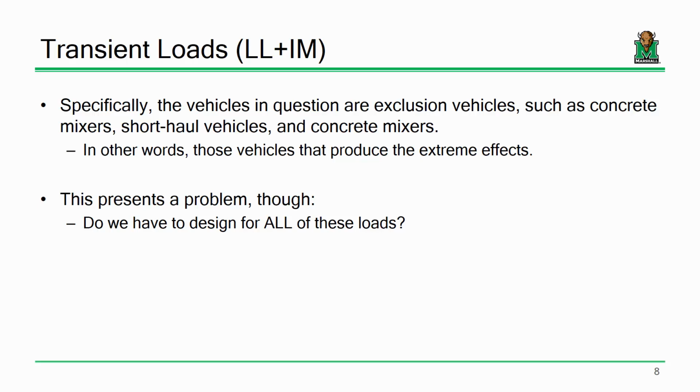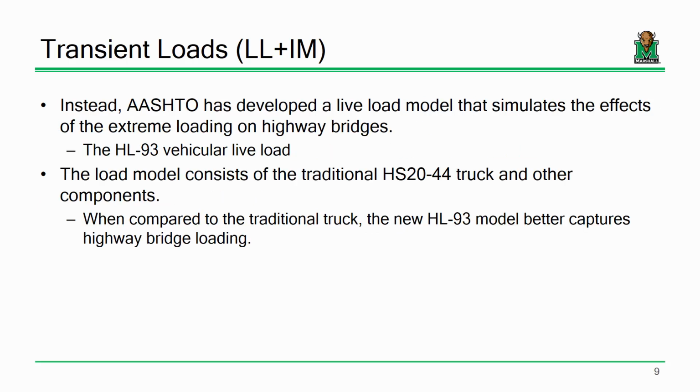All right, so when we're talking about the truck traffic that matters, we're talking about those exclusionary vehicles that produce extreme effects on the structure. Now, that raises a question. Do we have to design for every single possible exclusion vehicle that's ever going to be on a bridge?